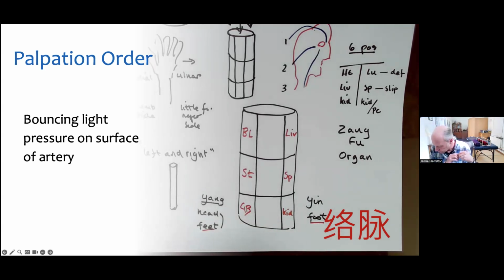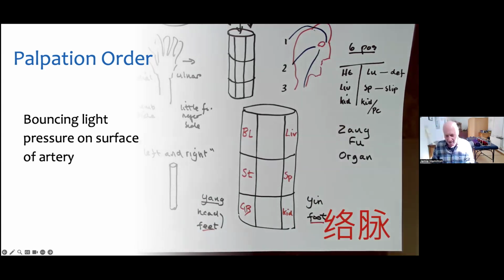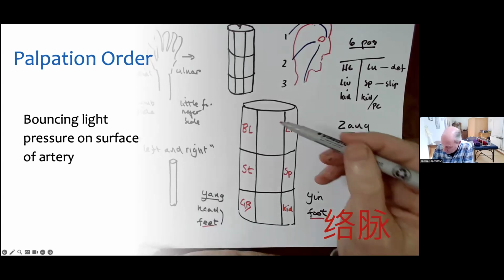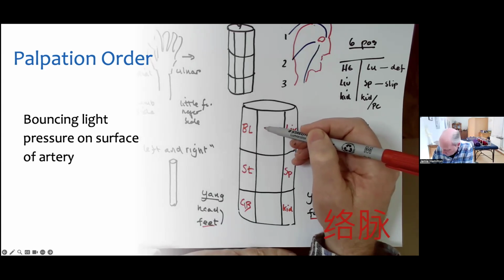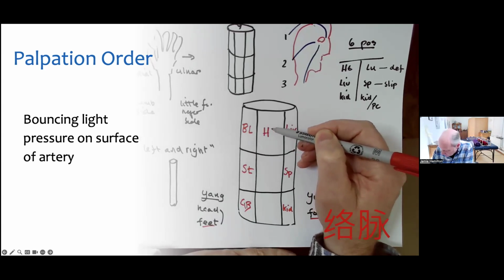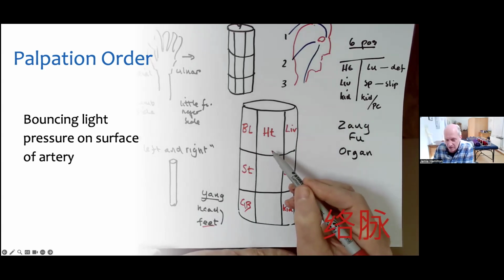So let me do the inner ones. And by the way, you'll probably see why, when I've tried to teach this on a weekend course, at this point I don't think I should have done this, because it's too complicated. It's so difficult to have this as a new map when you're already trying to learn the other one. Okay, here we go, into the middle. This is what's written in the Mai Jing. You have the heart at the top.